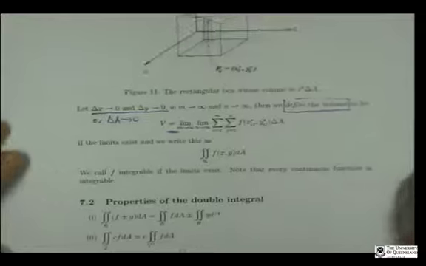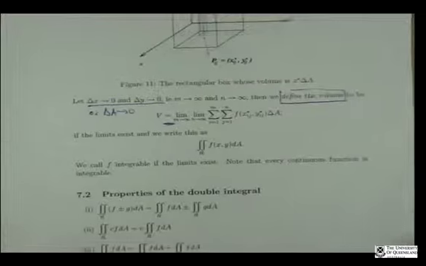Now, of course, there is one problem: given a function and given a region, or a rectangle, since we've only considered rectangles, how do we evaluate that double integral? Do you mean to say each time we have to go through that construction, work out the double Riemann sum, take limits?